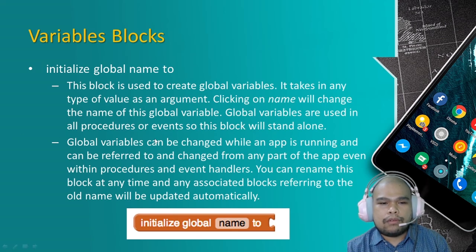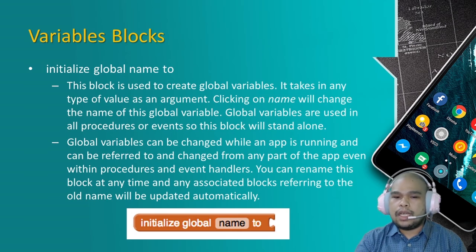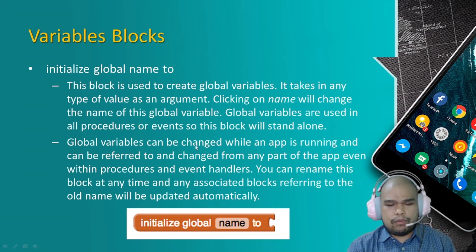So global variables can be changed while an app is running and can be referred to and changed from any part of the app, even within the procedure and event handlers. You may rename this block at any time, and any associated blocks referring to the old name will be automatically updated. No? So basically, it's creating a global variable that could be accessed in the totality of your mobile application.